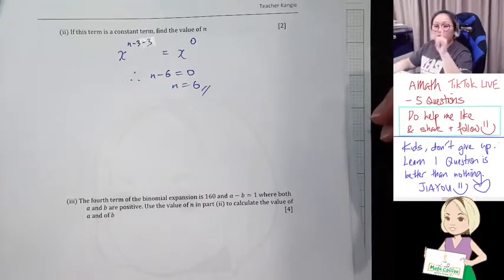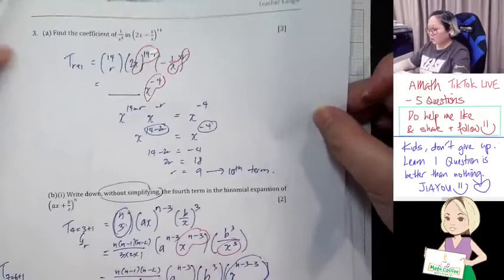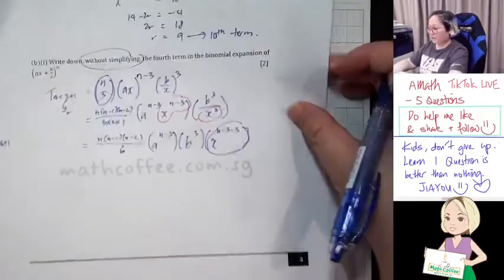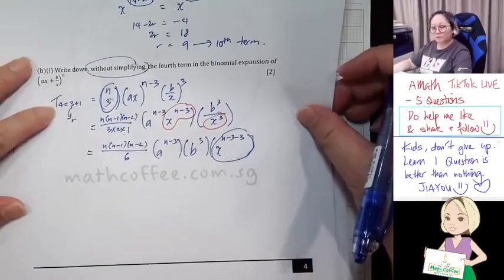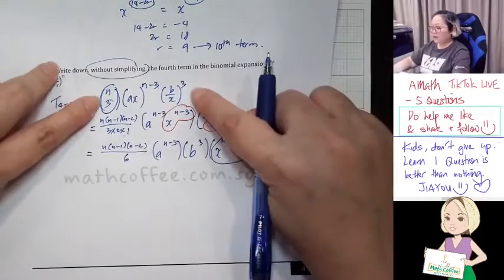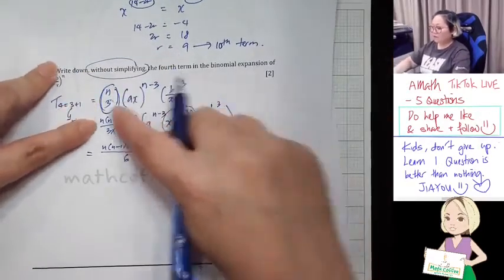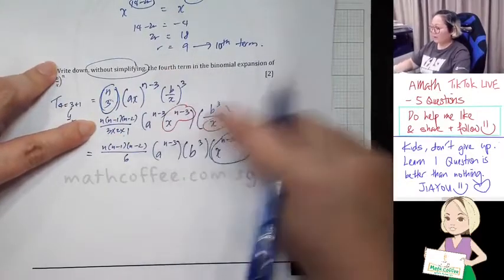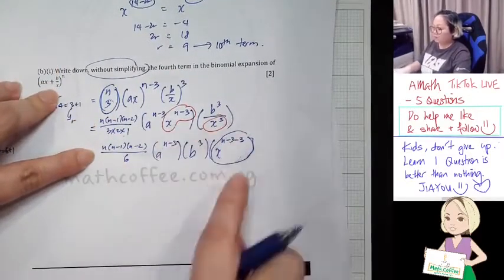Yes, binomial is usually taught in Sec 3 maths, Sec 3A math. Okay? So, kids, I repeat. I use a general formula. Find the fourth term, whereby r is 3. Put it in, and you all need to know nC3 is written this way. I break it up, and then I put in the terms and combine the x together.